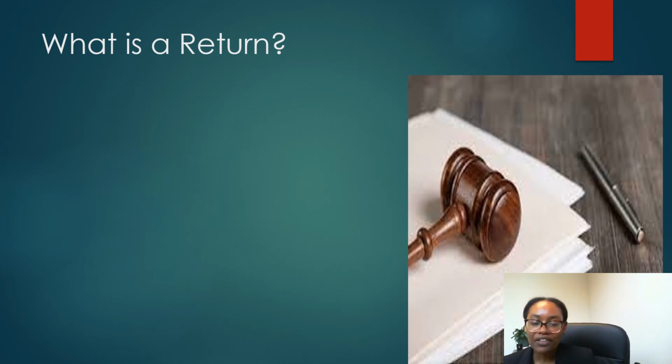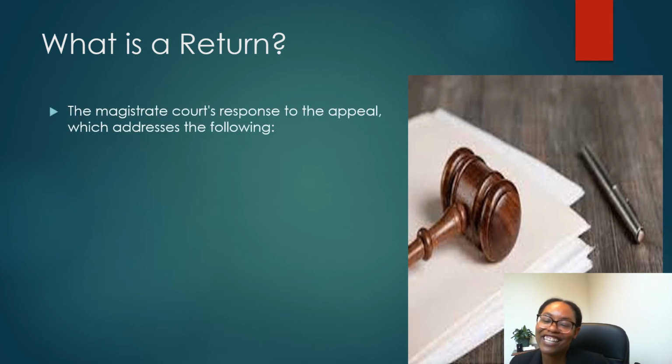And while the appeal is pending, the magistrate court will draft what is called a return. And what is that? A return is the magistrate court's response to the appeal.